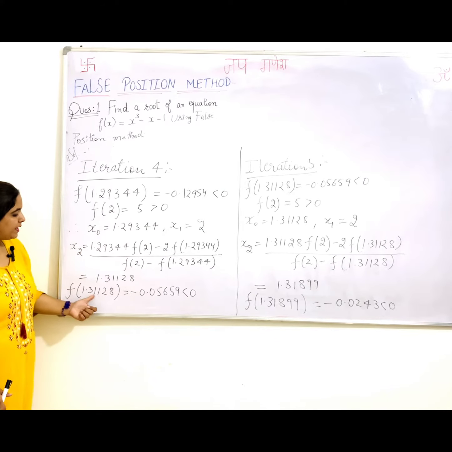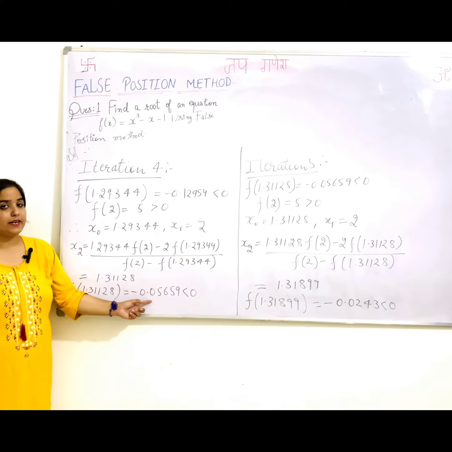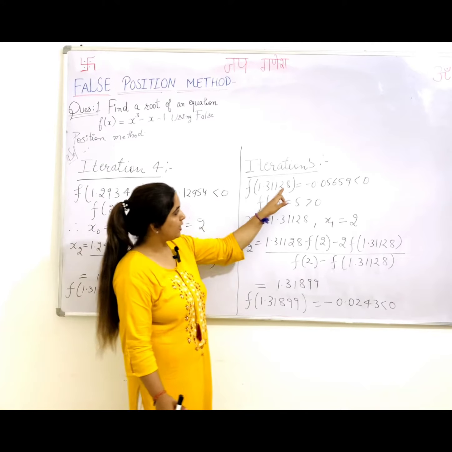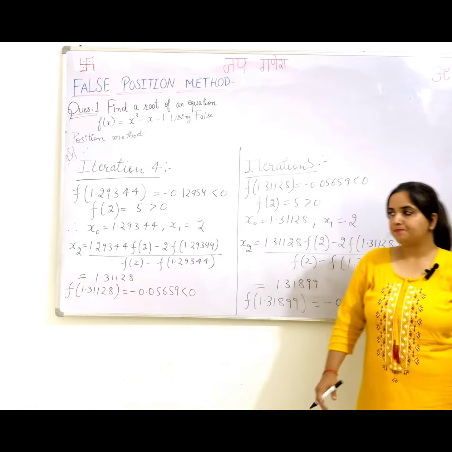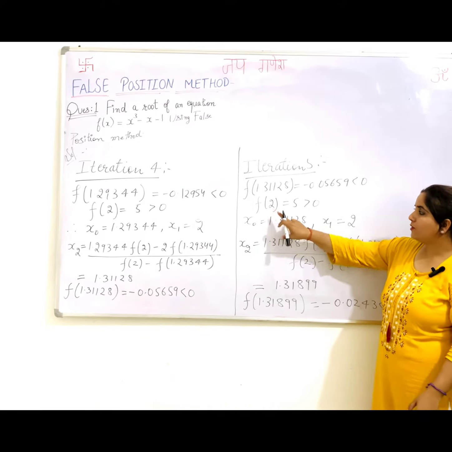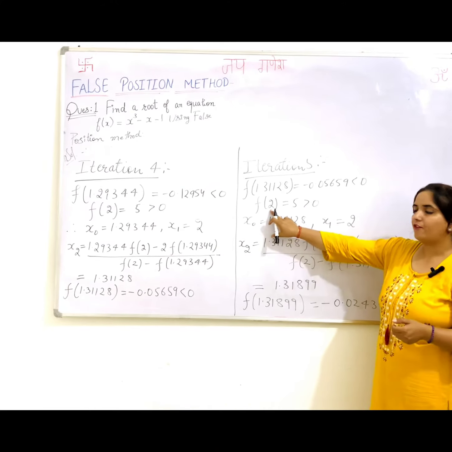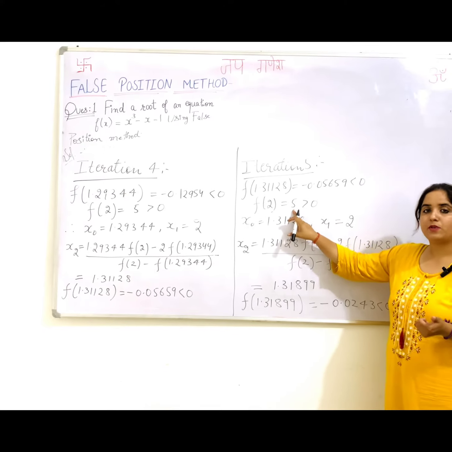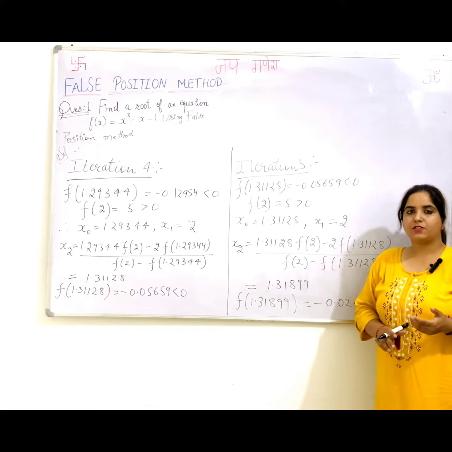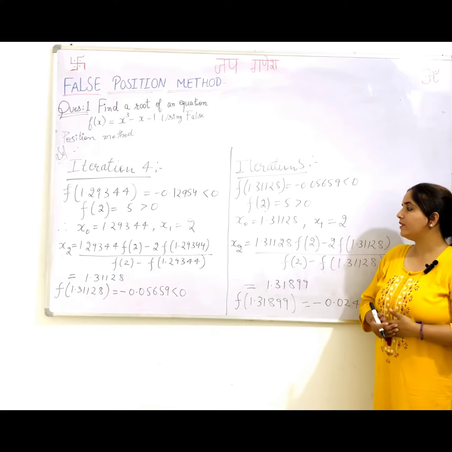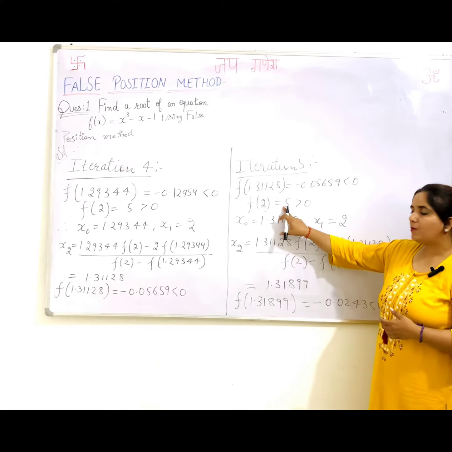So you can see 1.31128 is giving a negative answer. Again the new value will be combined with the positive value. So in this question, till now we have got only one positive value, that is f of 2, which is giving us a positive answer. So whatever value we have solved in the previous equations, there is no value which is giving us a positive answer.